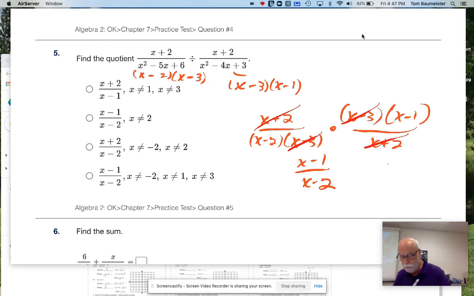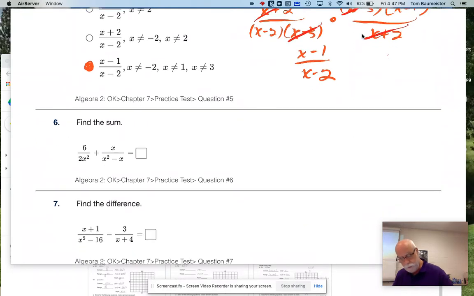So it has to be 3 also, because this one got rid of this here, right? And this one over here, again, you have to take all of them on the second one here because we divided. So we're going to look at this one here and this one here. So we have 3 exclusions. So you know it has to be that one there.